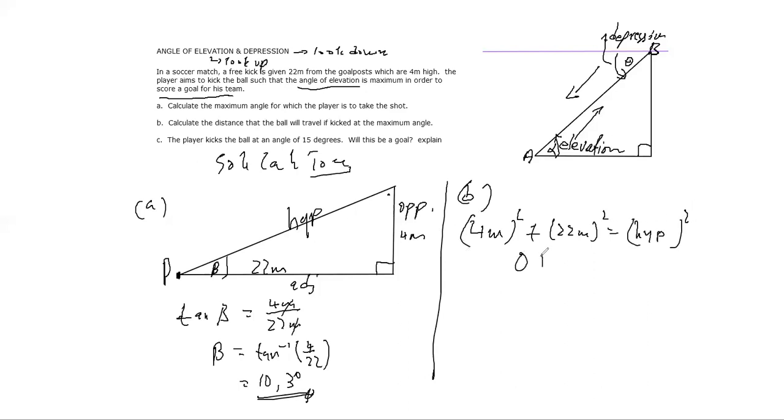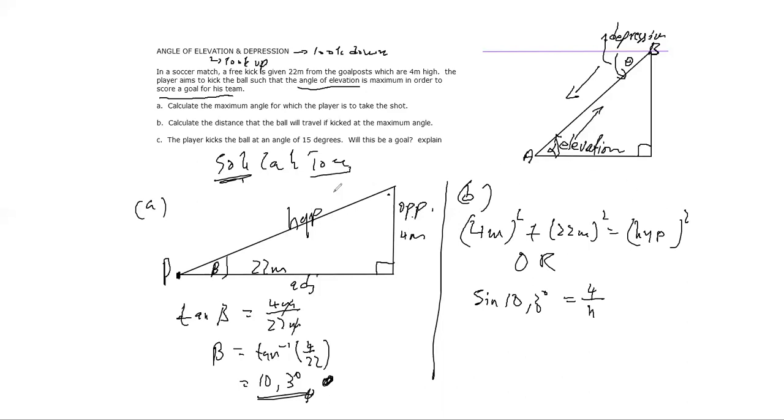Or you could have said, wait, which trig ratio relates to this and that, because I now know the angle. You just calculated the angle. So for those of you who are very confident with what you're doing and you don't doubt your answer, you know opposite and hypotenuse, there it is, sine. So you can go ahead and say sine 10.3 is opposite 4 meters over hypotenuse.